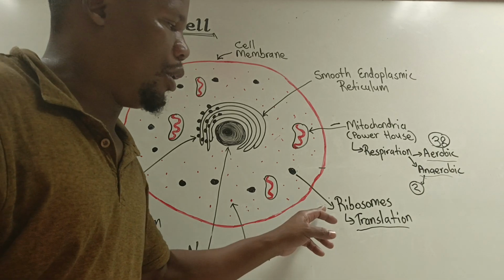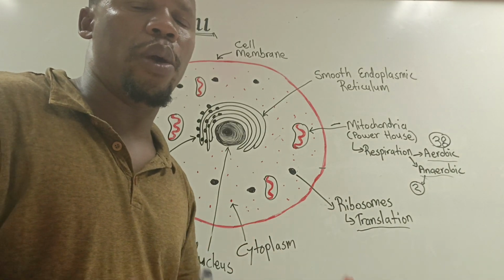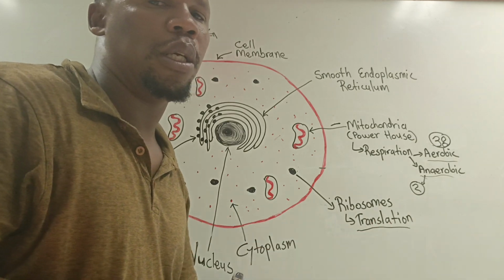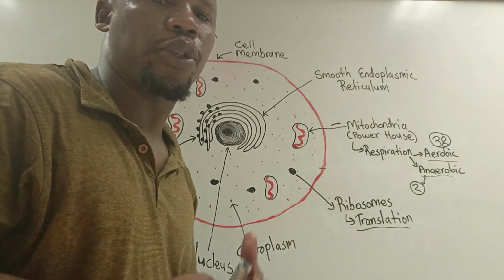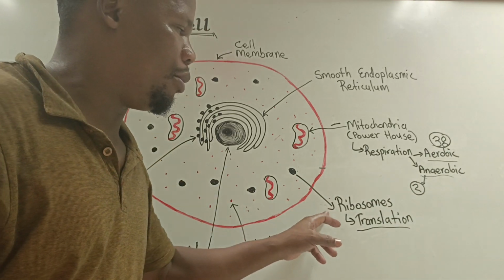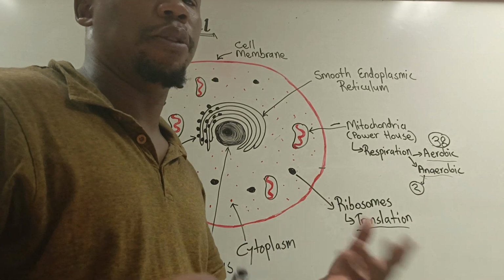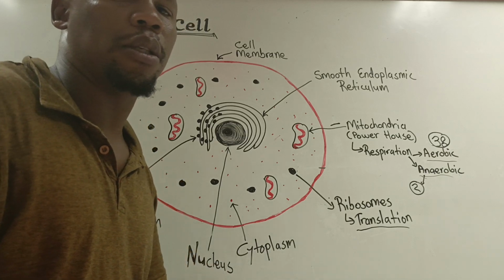The ribosome is the organelle where we take these amino acids and build them into proteins, using all the various amino acids we got from our food substances, from our proteins.